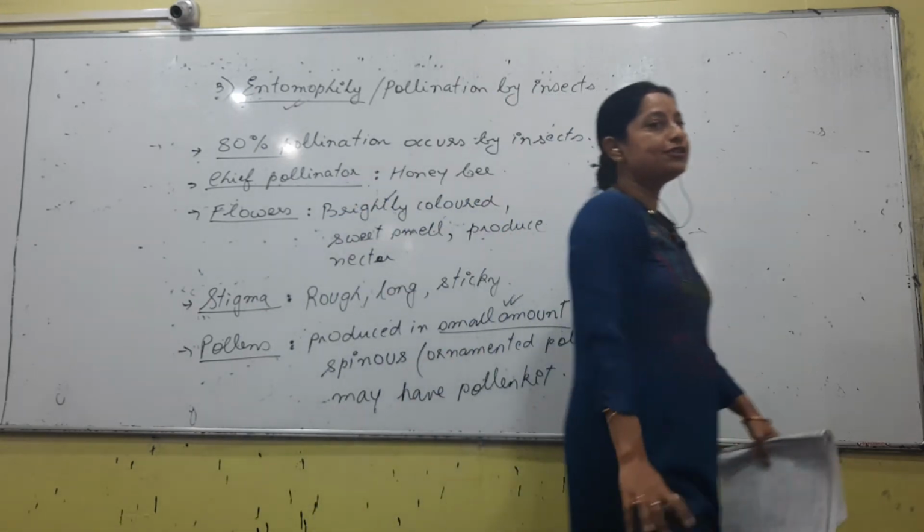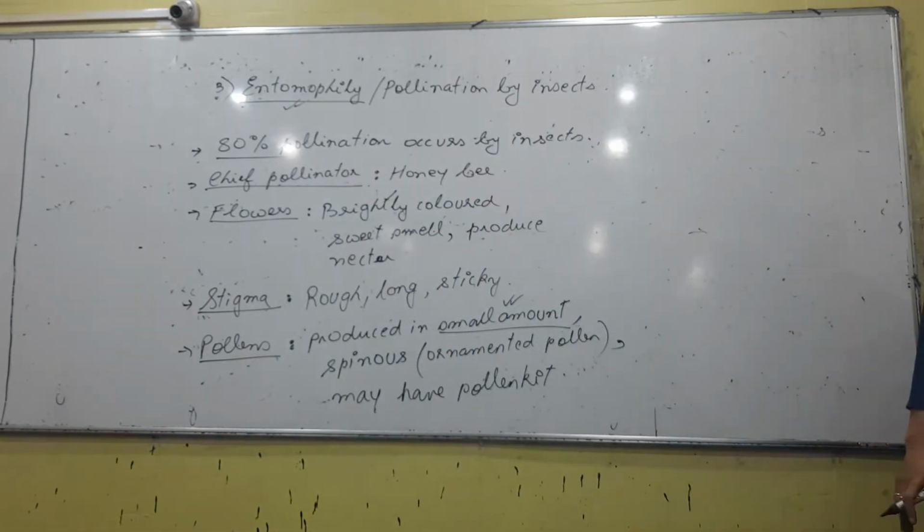We have to mark one more point. You have all written a sentence saying pollen grains are produced in huge amount. When will they produce a small amount and when a huge amount? When the maximum goes to waste during pollination, in the sense that it does not reach the correct destination, then obviously the amount of pollen grains will have to be more.